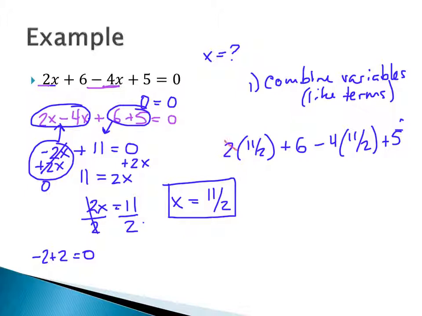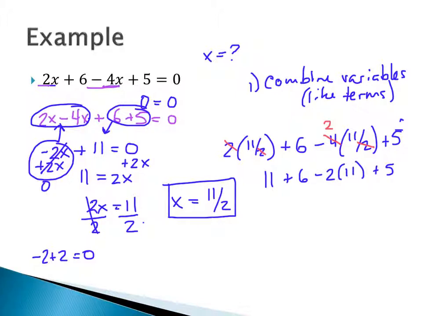Here the 2's would cancel out, and I'd be left with 11 plus 6 minus 4 times 11/2. So here, if you think fractions, the 2 would cancel with the 4, leaving 2 there. So I would have minus 2 times 11 plus 5.